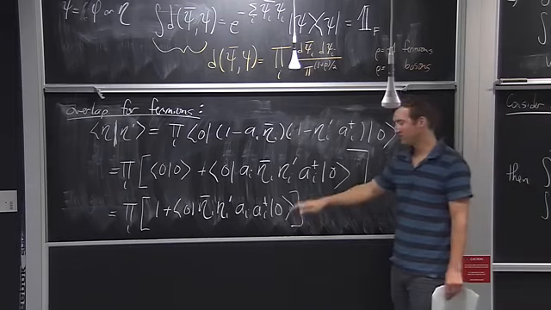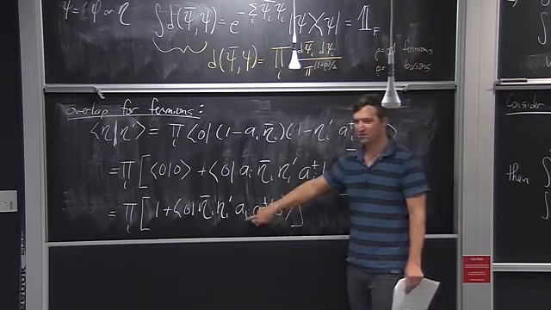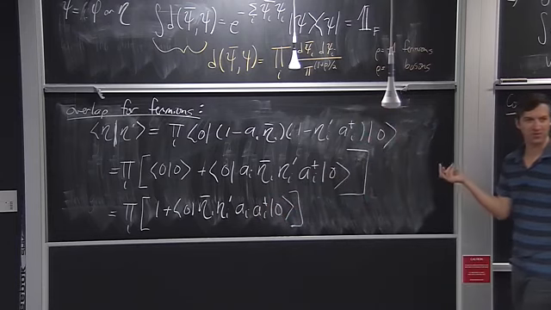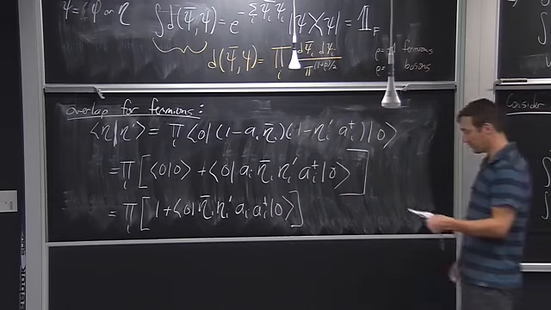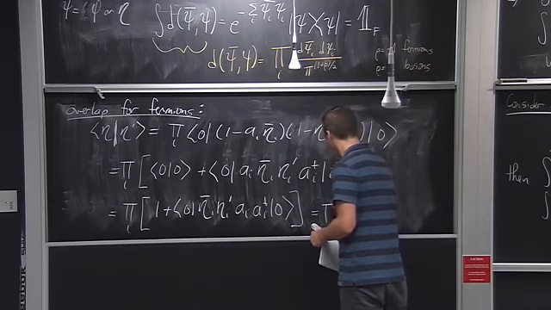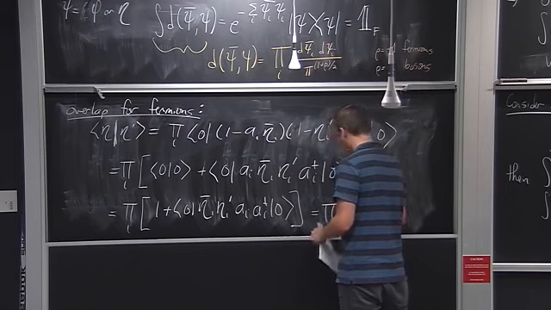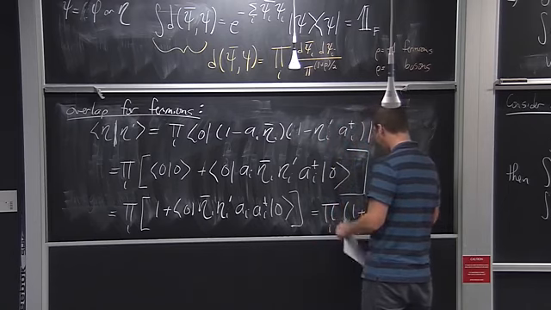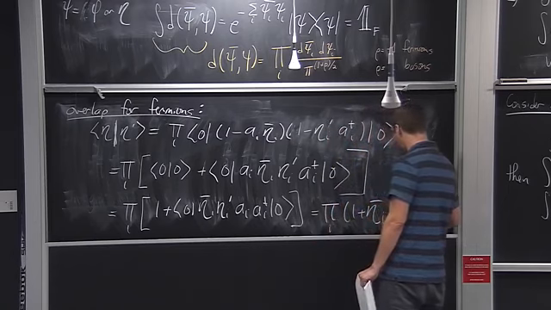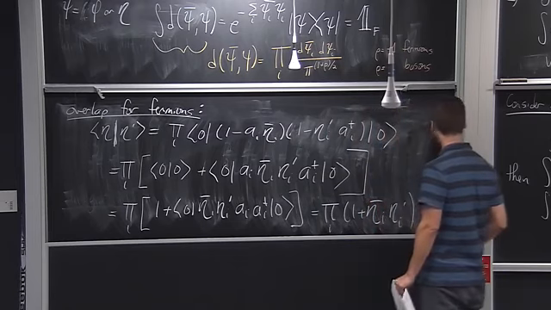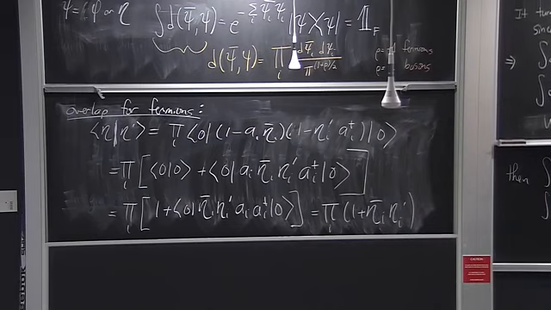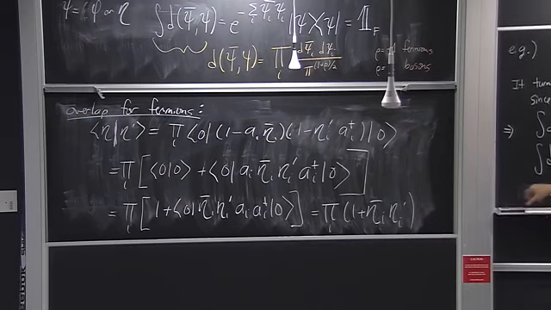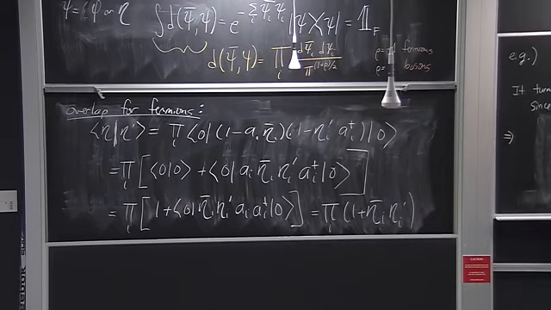So n is 0, so it's root 1. And then lowering has a root n, which is 1, so you just have a couple unities there, even for fermions. So nothing fancy. So you get 1 plus eta bar eta prime. Okay, so that was just a long way of showing that the overlap for fermionic coherent states looks exactly the same as for bosonic.